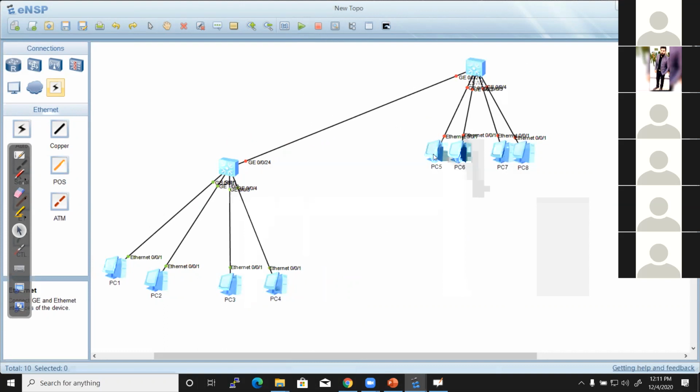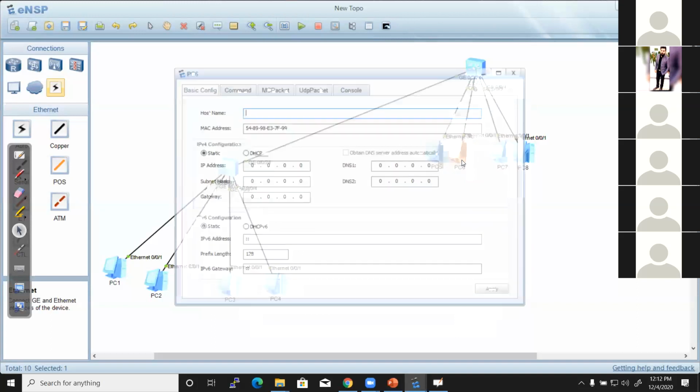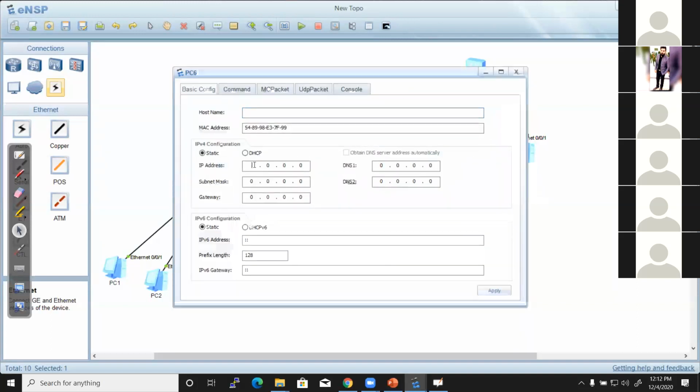So what I'm going to do is assign the IP addresses. For example, 192.168.1.5, and then 1.6 to PC6: 192.168.1.6 with mask 255.255.255.0.